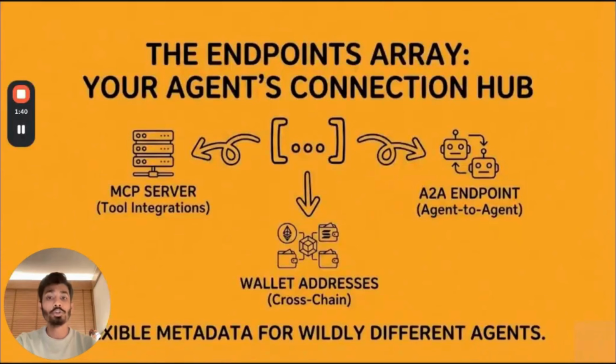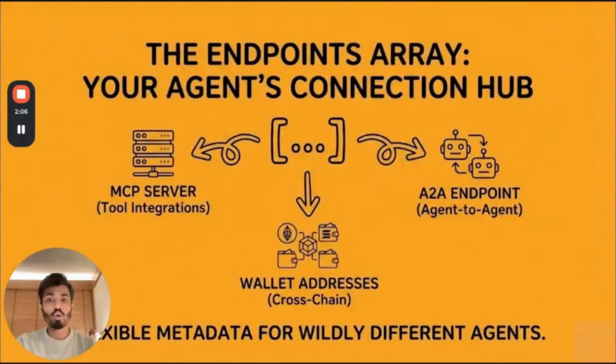This is where you declare all the different ways other systems can connect to your agent. Maybe you are running an MCP server for tool integrations, or you have got an agent-to-agent endpoint for agent-to-agent communication, or you want to include wallet addresses across different chains. The spec is deliberately flexible here because agents do widely different things and the metadata needs to reflect that.